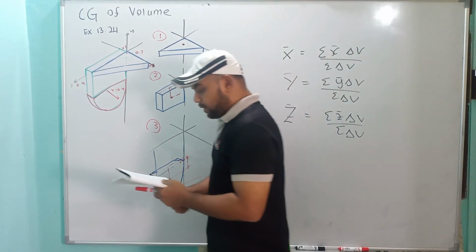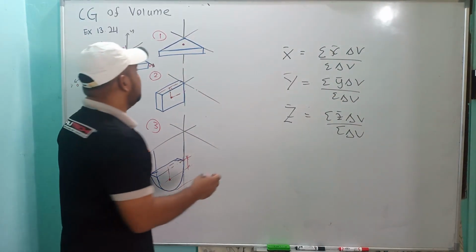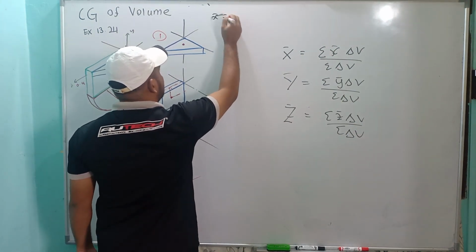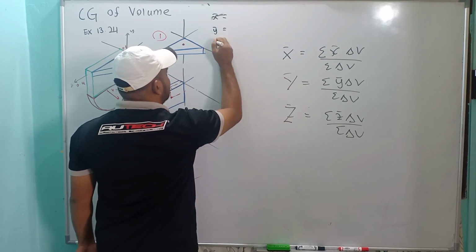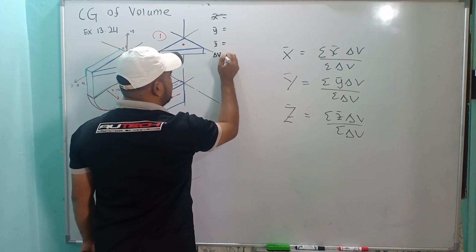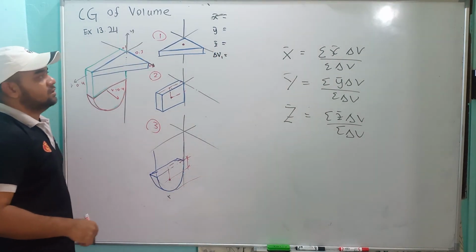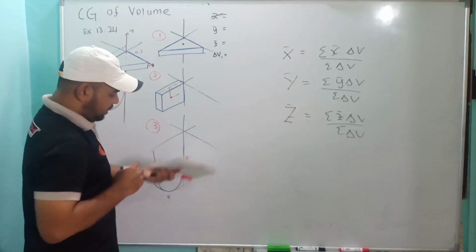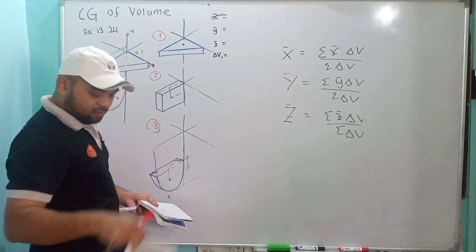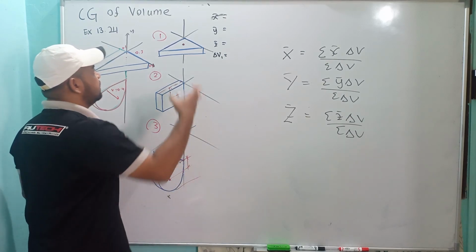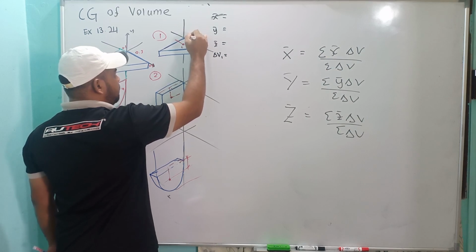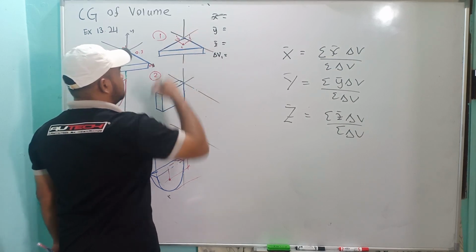Going one by one, the first one here, we want to find the small x bar, y bar and z bar, and then delta V1. So component 1. From the table given in this book, for a triangle we know that C is 1/3 from here, 1/3 from here.